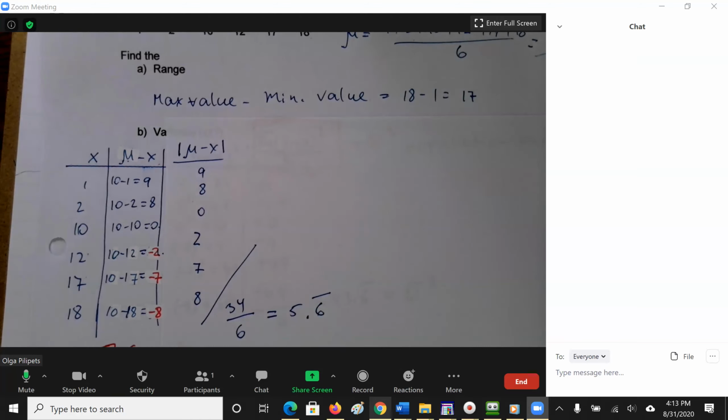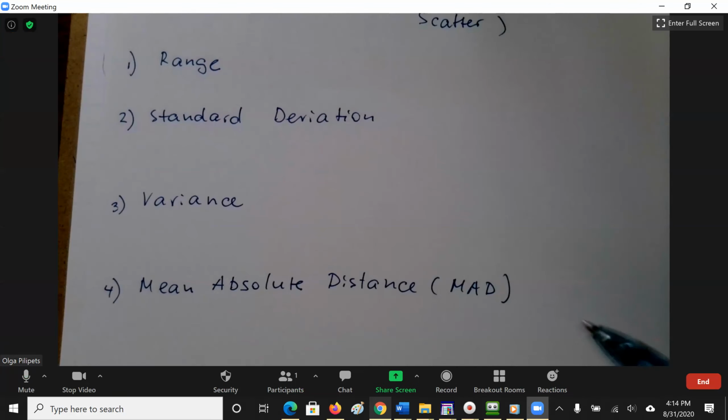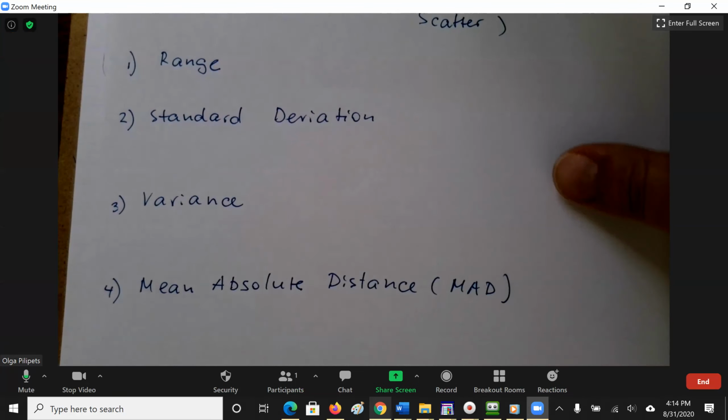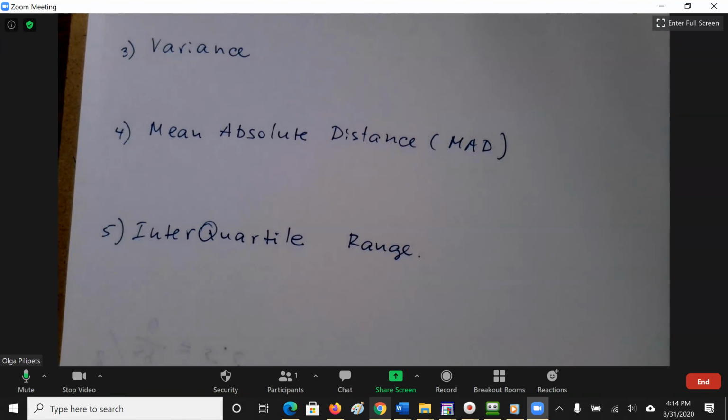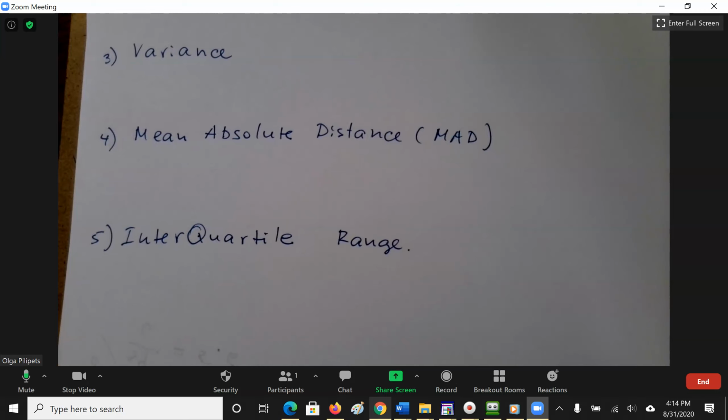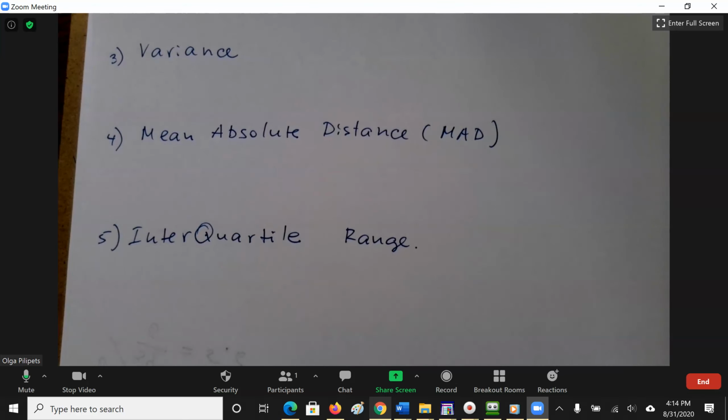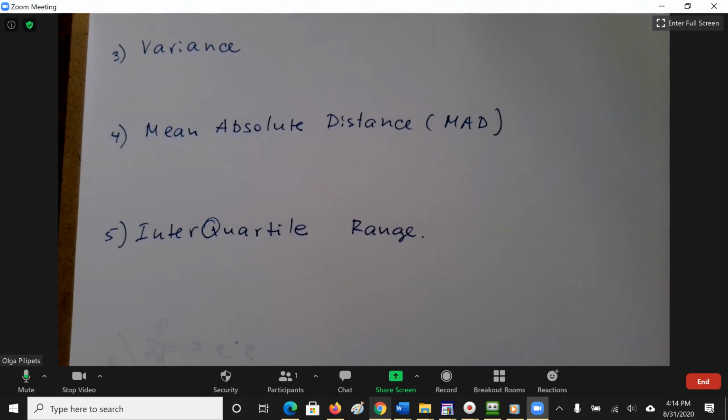Now let's take a look at our next measure of spread, which is our interquartile range. That's our fifth measure of spread that we're going to discuss in this course. And again, this is nothing absolutely new that you haven't heard of. You already heard of it, but I didn't point it out when we were looking at it.